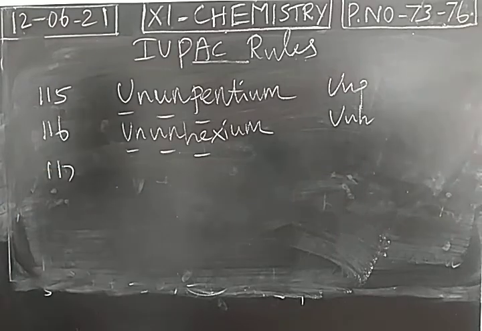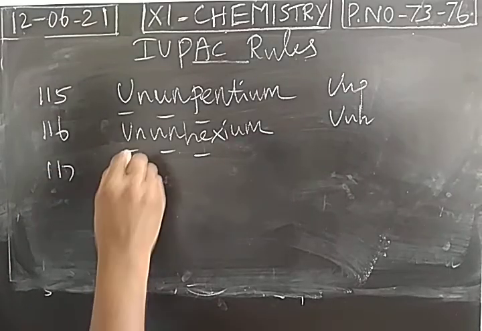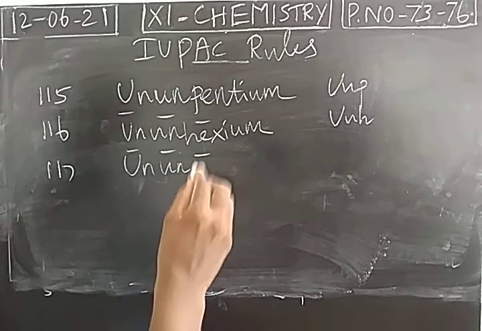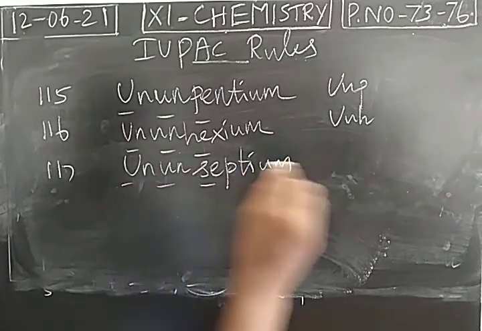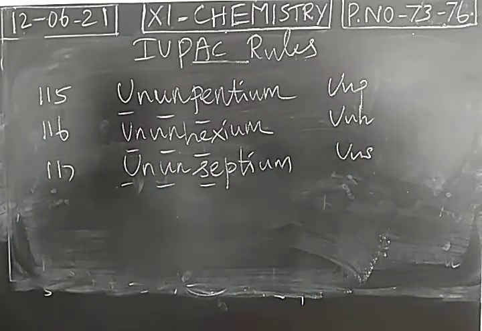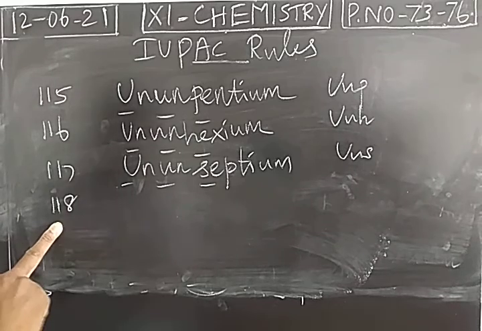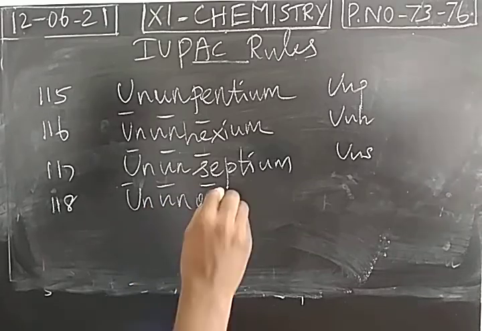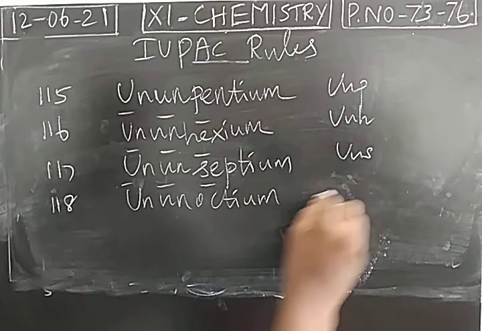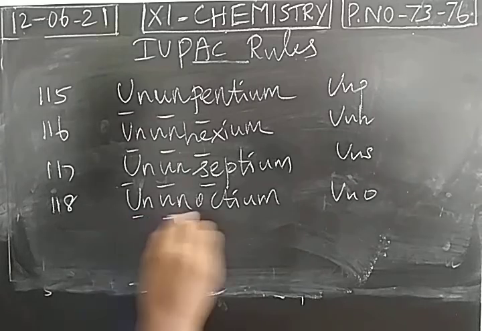Then element with atomic number 117: ununseptium, Uus. Then element with atomic number 118. So we have only 118 elements. The last name: ununoctium, so Uuo.